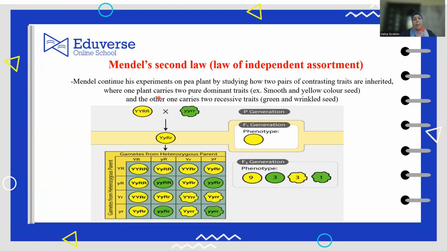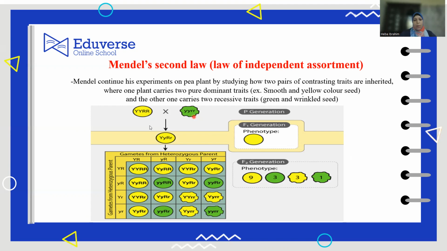Meaning if the seed of the pea plant is yellow or green as the seed color, and smooth or wrinkled as the seed shape, we are going to explain two traits together to prove that each of these two traits will be inherited independently without being affected by the other one.